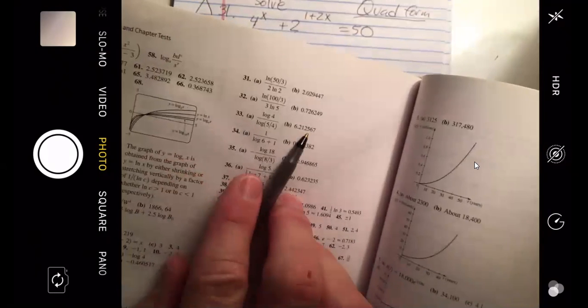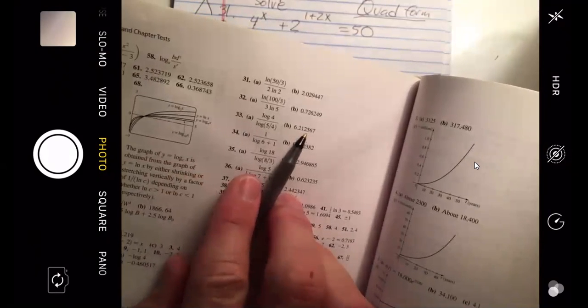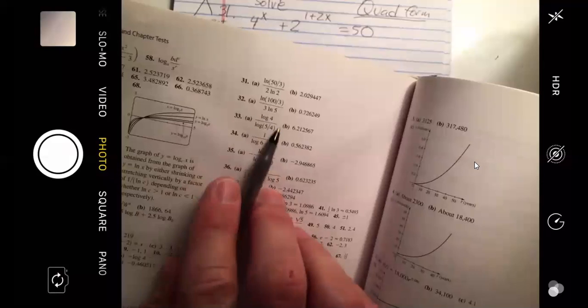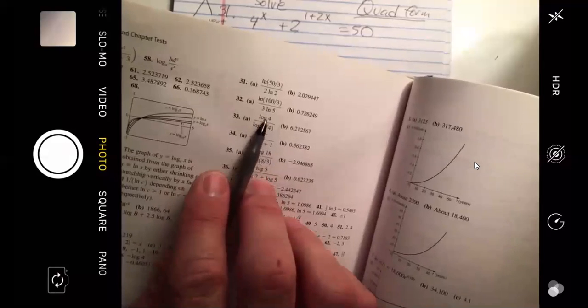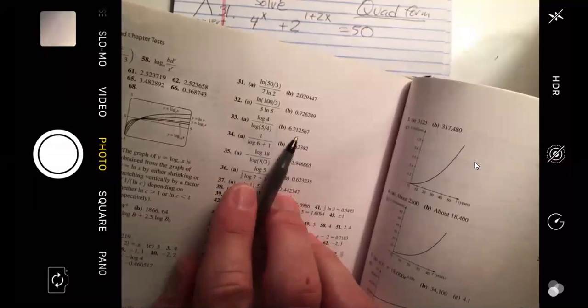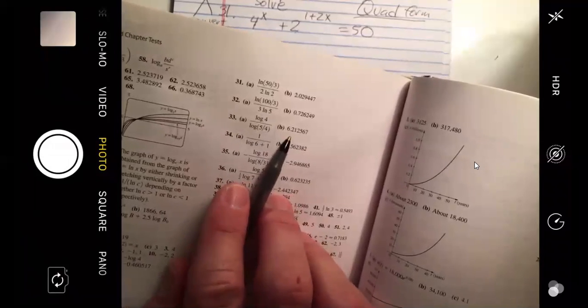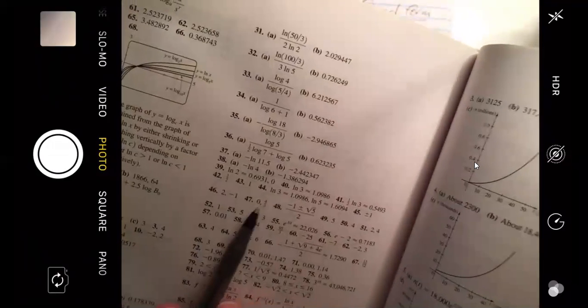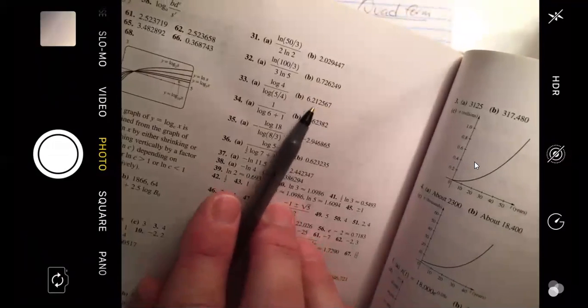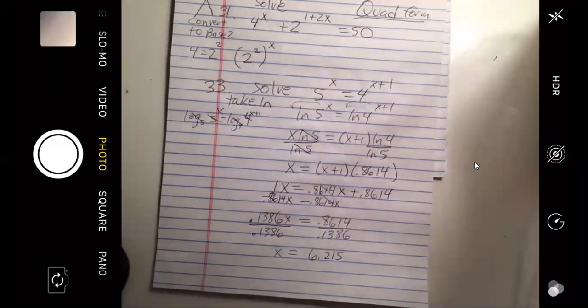Oh, they gave you the decimals in B. So they actually asked for both. You don't have to come up with this form of the answer. You should be able to punch this and get this. But there's the 6.21. I'm coming up with 215. They're coming up with 6.2125. That's just my bad rounding. The rounding just compounds. So this is fine.